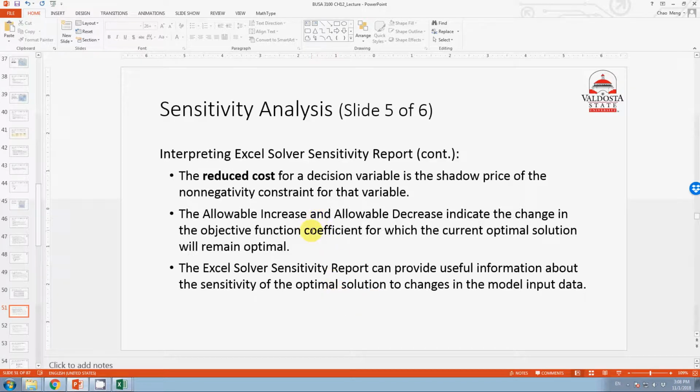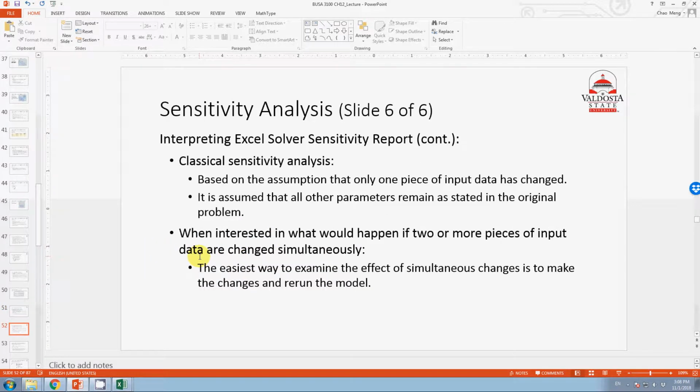So how much can I change the parameter such that the optimal solution will remain the same? How much flexibility do I have in changing the coefficients of the decision variables? Okay. So that's what we need to know about sensitivity analysis.